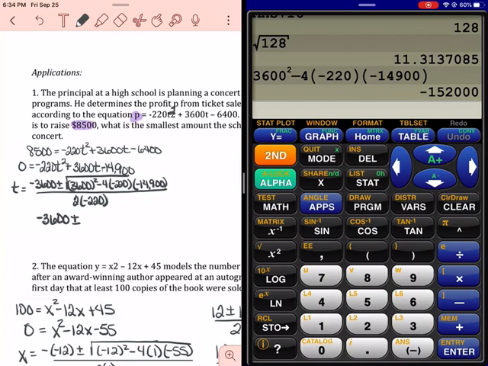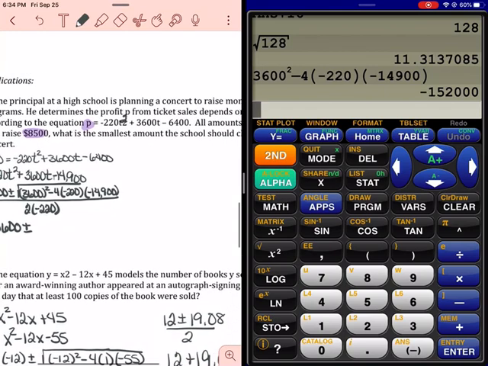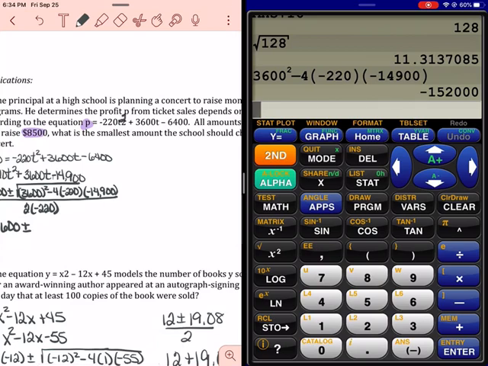Okay, and you're going to get a negative underneath the square root sign. That is not right. Did I do bad math somewhere? I feel like there's some kind of bad math. Or I totally copied the problem incorrectly, which is probably what happened.